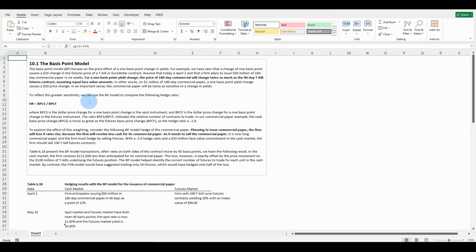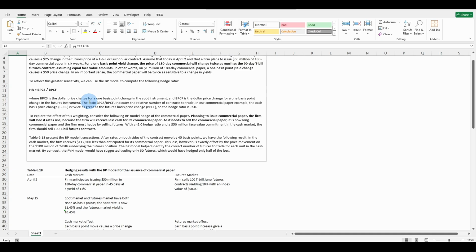To reflect this greater sensitivity, we can use the BP model to compute the following hedge ratio. Hedge ratio = BPC_S divided by BPC_F, where BPC_S is the dollar price change for a 1 basis point change in the spot instrument, and BPC_F is the dollar price change for a 1 basis point change in the futures instrument.